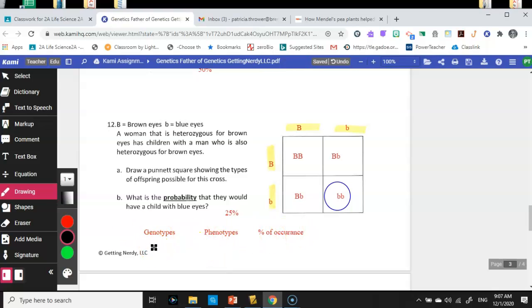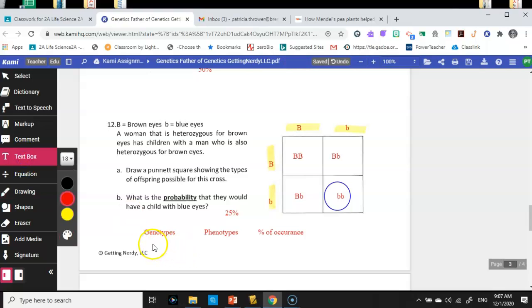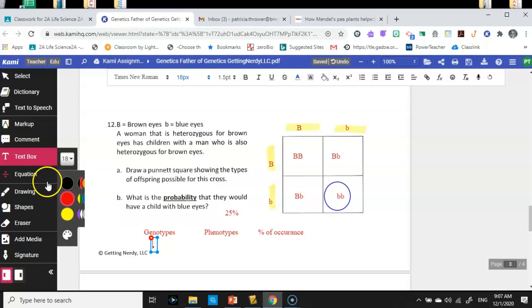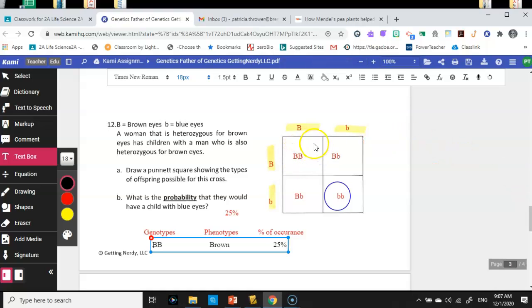But underneath here, you would type in the genotype, and the phenotype for that would be brown eyes. And the occurrence of this one happening would be 25%, because it's just 1 out of 4.